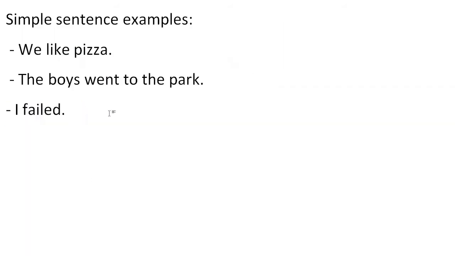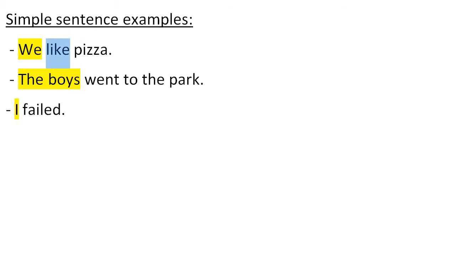So here we have just some more examples of simple sentences, right? We like pizza, and clearly you can see there we being our subject. And here we have the boys went to the park, the boys, the subject, and then here, I failed, I is the subject. Now, one thing you need to make sure of is they have subjects and they have verbs.